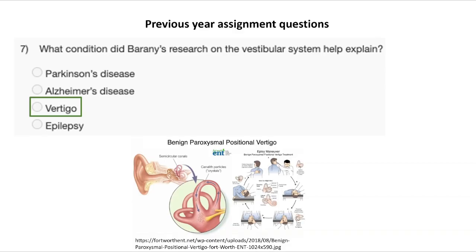Barany's work therefore had a very long lasting impact, because it helped not just patients who had issues with balance, but it also improved our understanding of what happens if an astronaut goes to space.